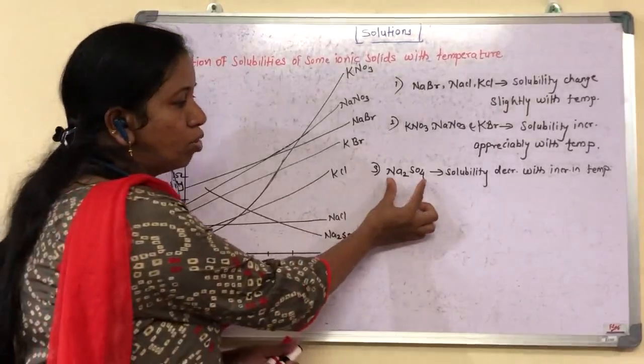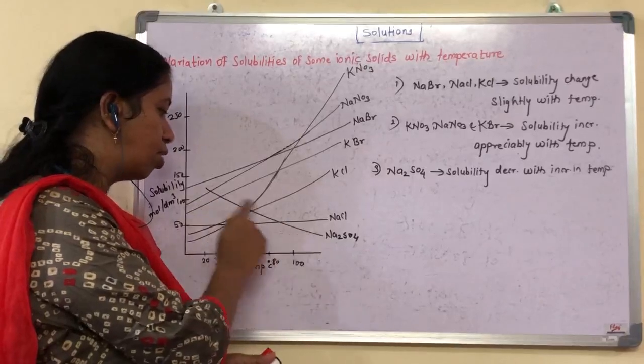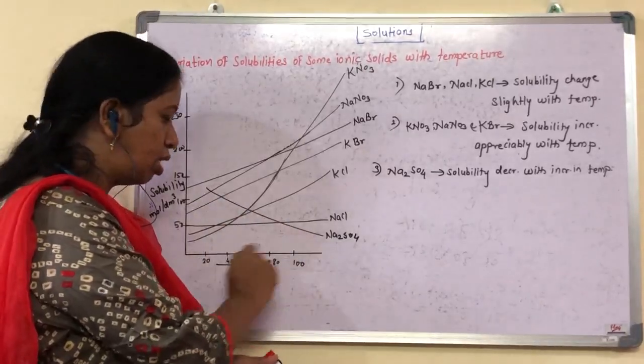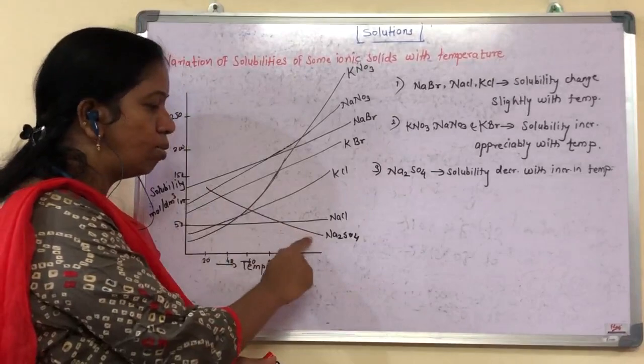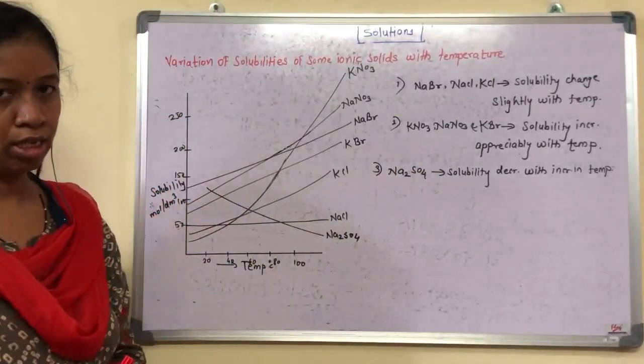One more is sodium sulfate. Here the curve is on a downward side. As temperature increases its solubility decreases. So the solubility of sodium sulfate decreases with an increase in temperature.